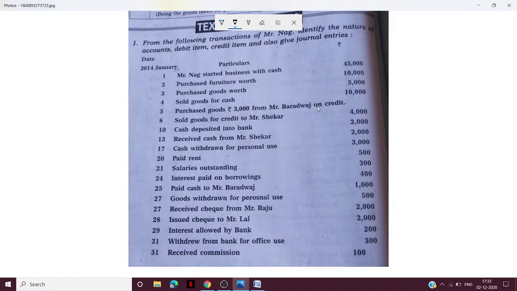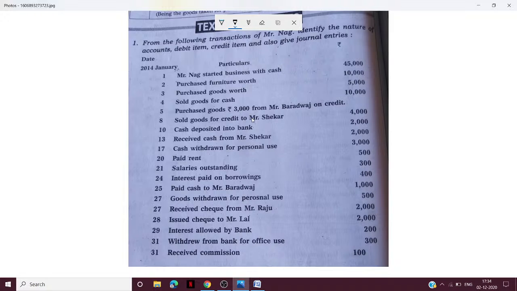When they say credit, credit means nothing but we will not give cash directly, we will give after some time, then it is said to be a credit transaction. So in purchases we have credit, in sales also we will have credit. As I said, credit is nothing but we are not paying directly. When we have purchased goods, we will not pay directly, we will pay after some time. Then it is said to be a credit transaction.